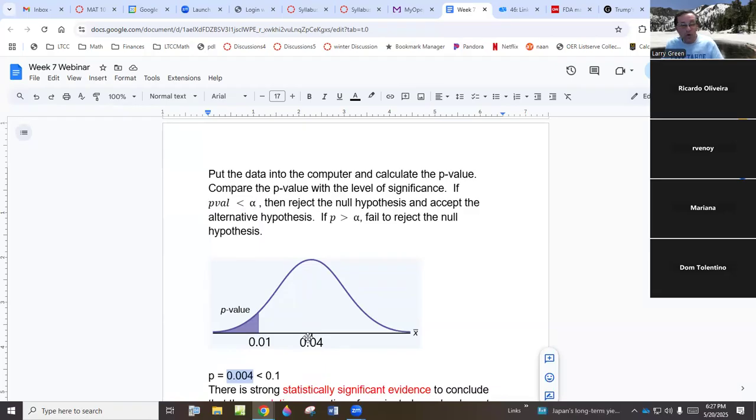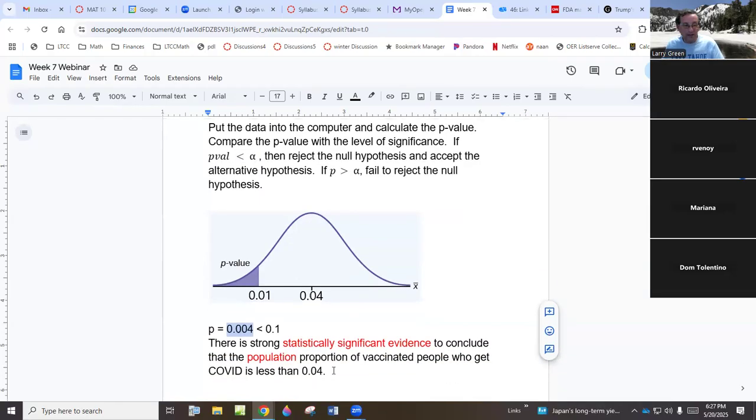So here is the wording that we use to make our conclusion in this case. First thing, if the p-value is less than 0.01, we're going to use the word strong. If it's not less than 0.01, we don't use the word strong. So keep that in mind, and make sure you use it when you should.